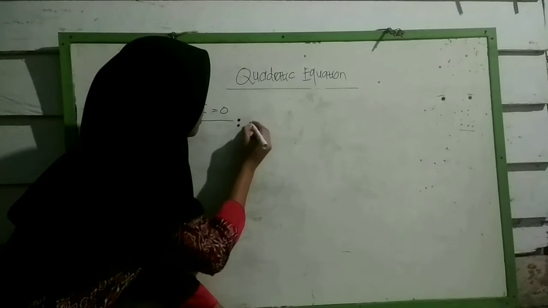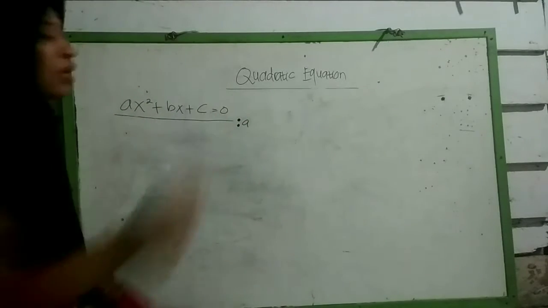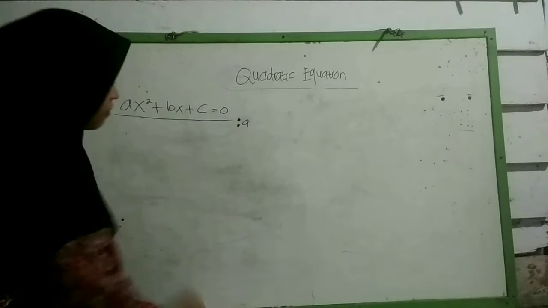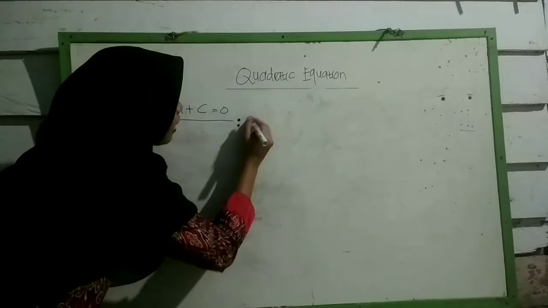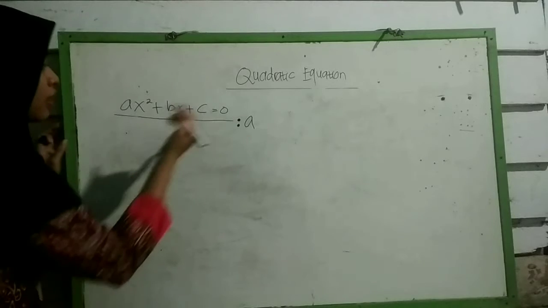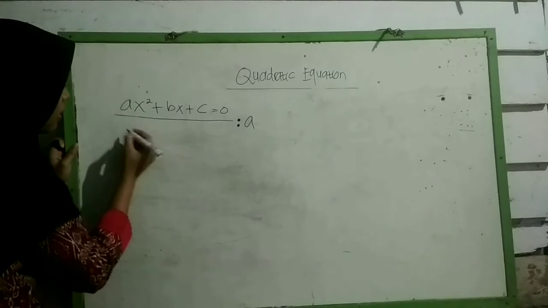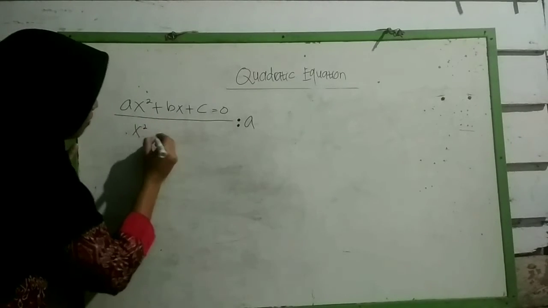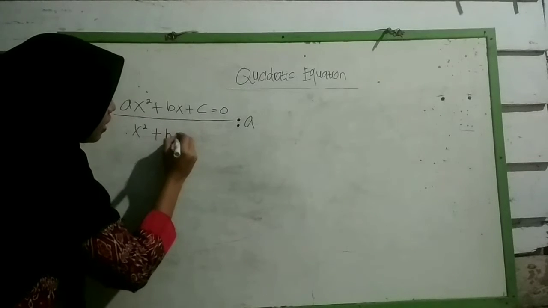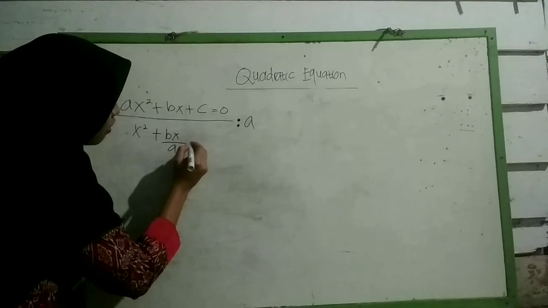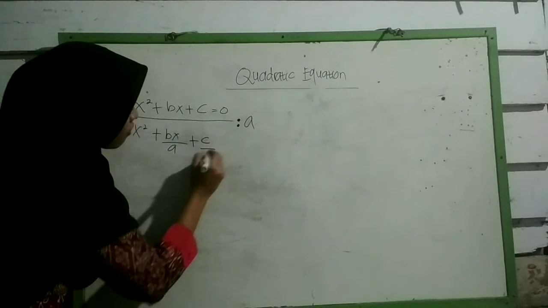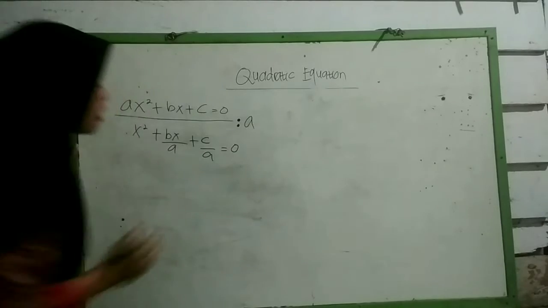a. Divided by a. It's going to be x squared plus bx over a plus c over a equals 0.